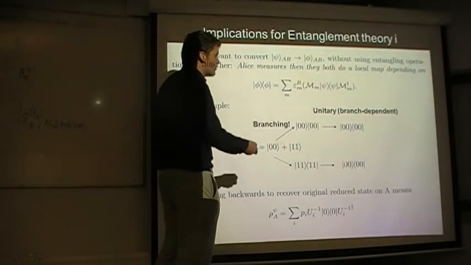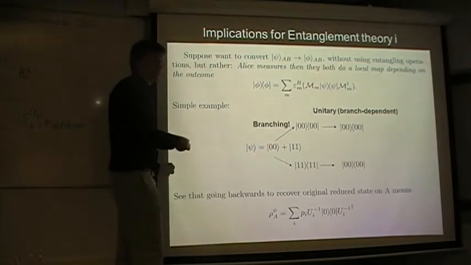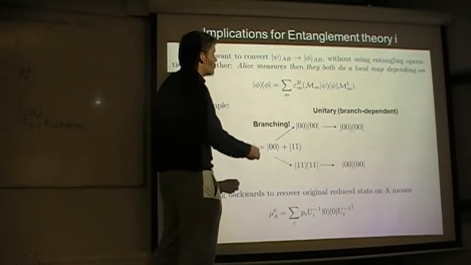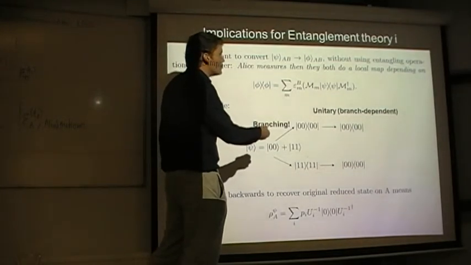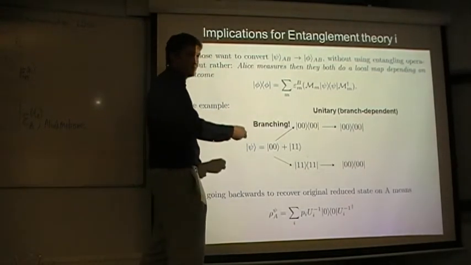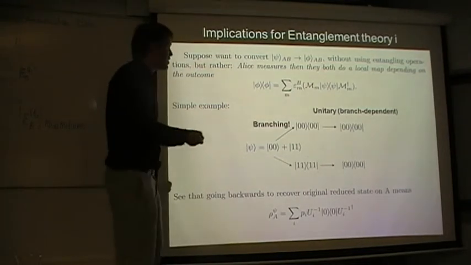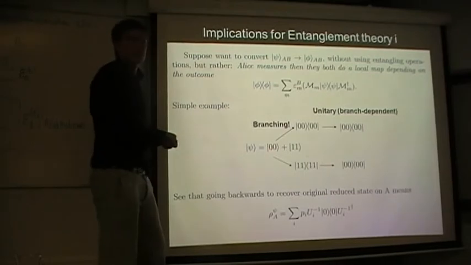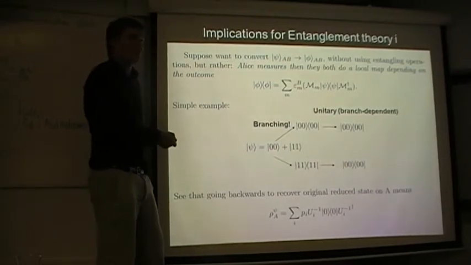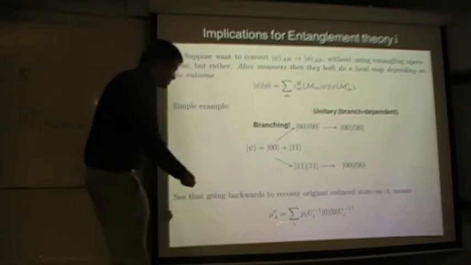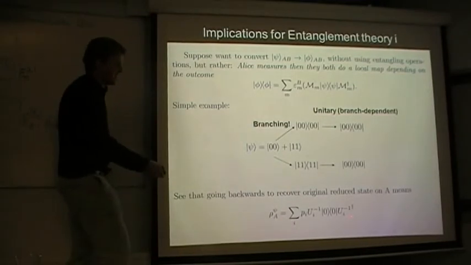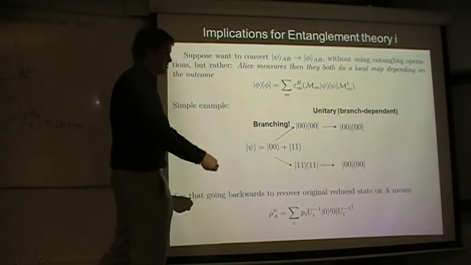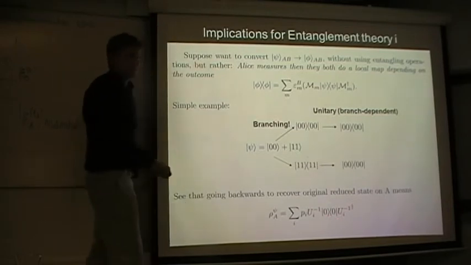You see it's more pure than the reduced state of A here. And if you wanted to go backwards, you would undo the unitary that you did, and that would have to be probabilistic if you want to recreate the same initial reduced state. So the initial reduced state is a probabilistic combination of applying unitaries to the final state.